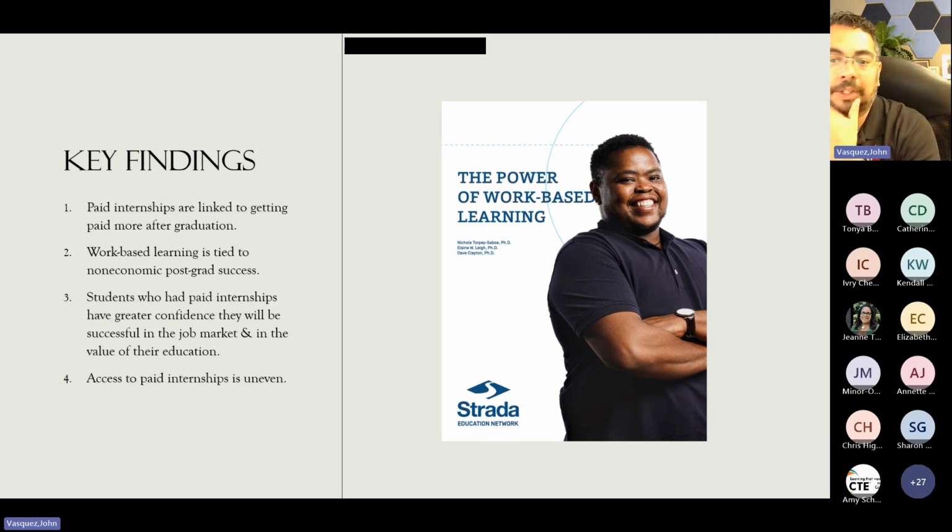Even when you control for variation across majors, they remain. So in the arts, humanities, business, all across. I think what's also really fascinating is that in rural areas, they didn't highlight that in this report, but paid internships are not only uneven, I would add, in some cases can be inaccessible.